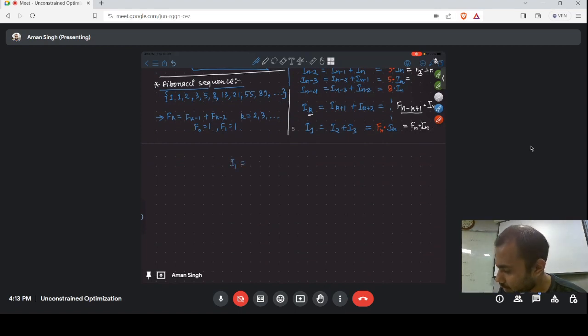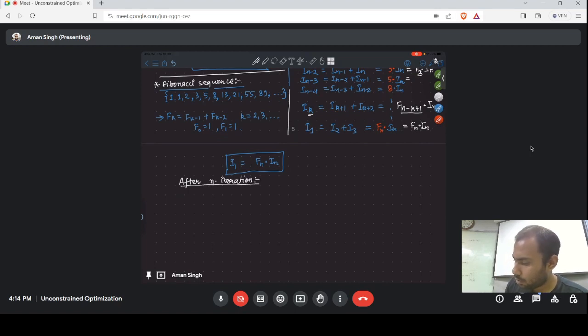So this is how the Fibonacci terms are there, and we can use this final relation, that is I1 equal to fn into I n, to see how the length of the intervals changes after n iterations. The interval will become I n equal to I1 upon fn, correct?